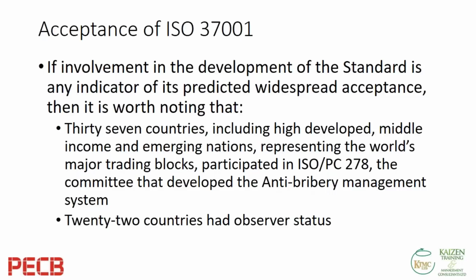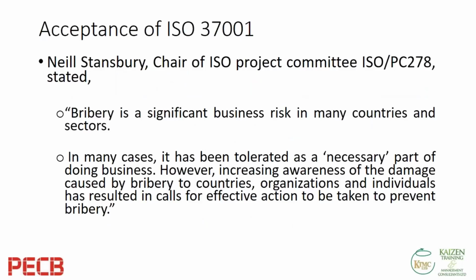Widespread participation indeed. Niels Stansberry, the chair of the ISO project committee that developed the standard, said, bribery is a significant business risk in many countries and sectors. In many cases, it has been tolerated as a necessary part of doing business. However, increasing awareness of the damage caused by bribery to countries, organizations, and individuals has resulted in calls for effective actions to be taken to prevent it.